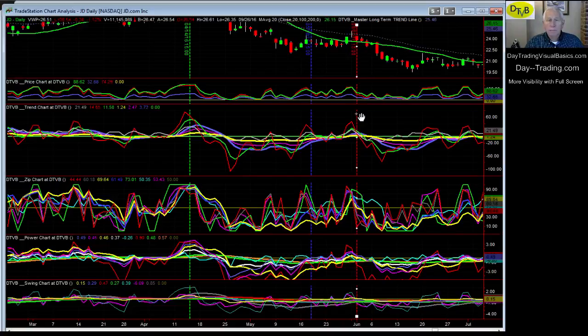That's the trend red, the power red, and the zip Zion being lowest. Well, in this case all three are highest, and they are divergent. Trend red and zip Zion are up in a low angle pattern, and the power red is down in a low angle pattern.